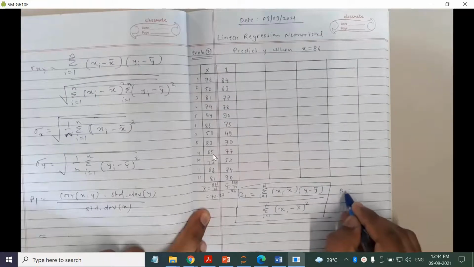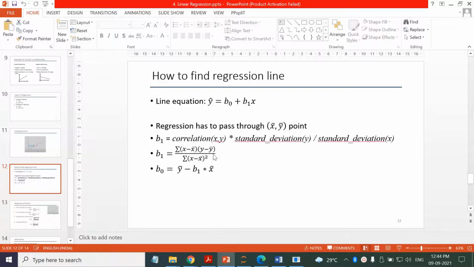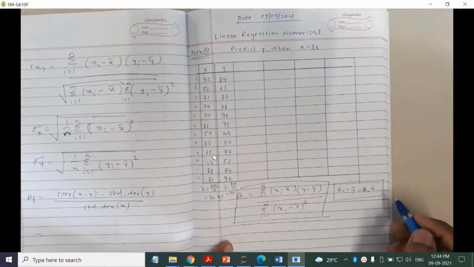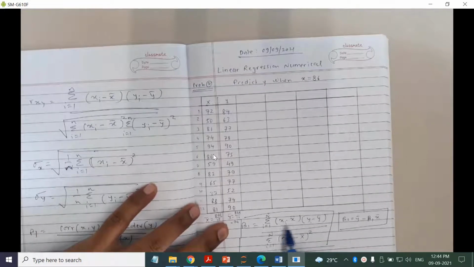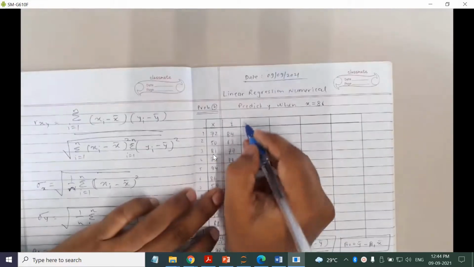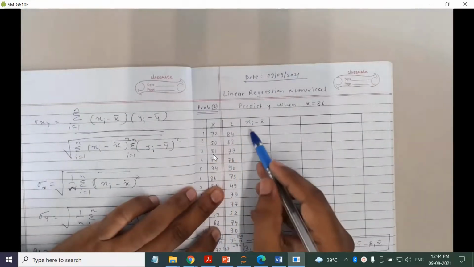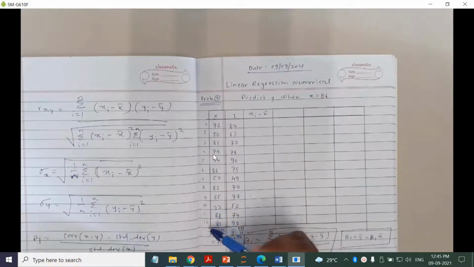Similarly, we have the equation for beta 0, which is y bar minus beta 1 times x bar. So we are going to use these two formulas. Now we have to calculate this bracket, xi minus x bar, for i varying from 1 to 12.